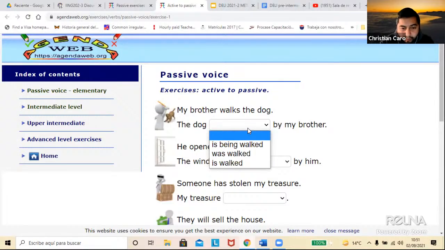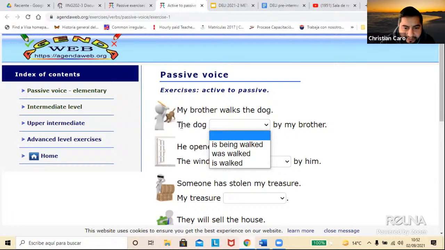All right. So we're going to start with number one. The active sentence is: my brother walks the dog. All right. So the idea is to choose the right tense in the passive voice. So you can see clearly that the dog in this case is the object.